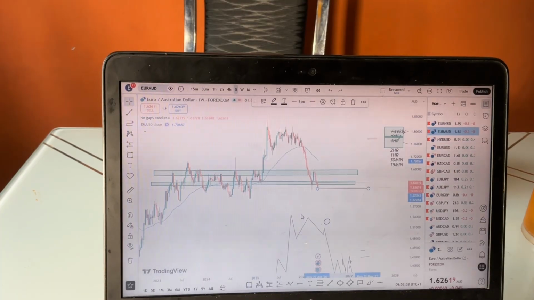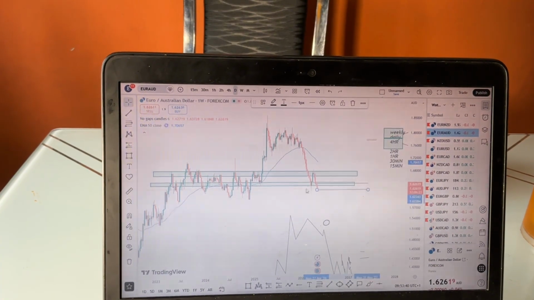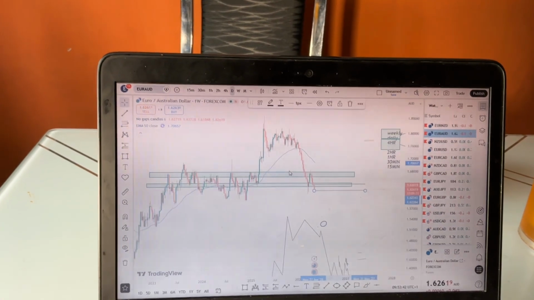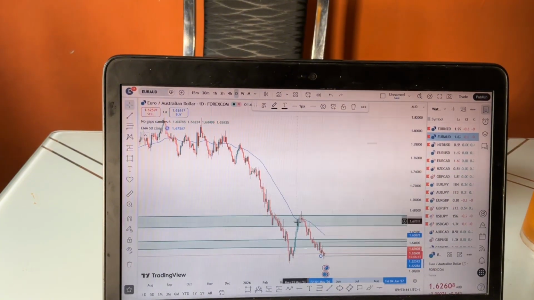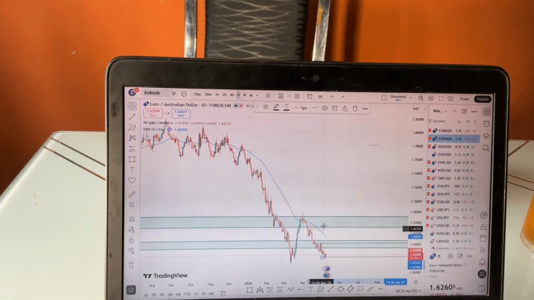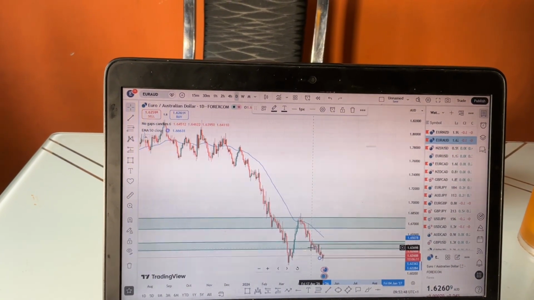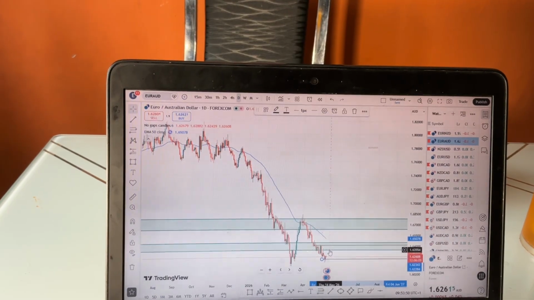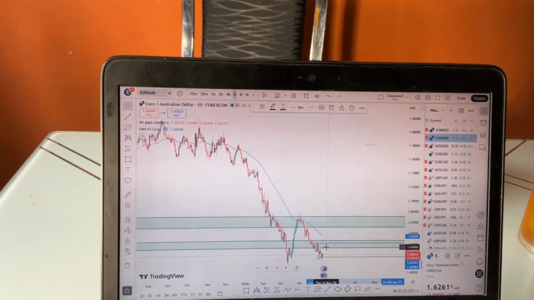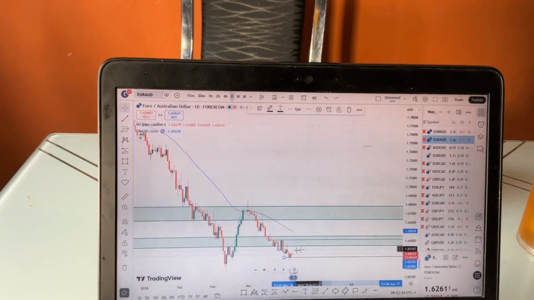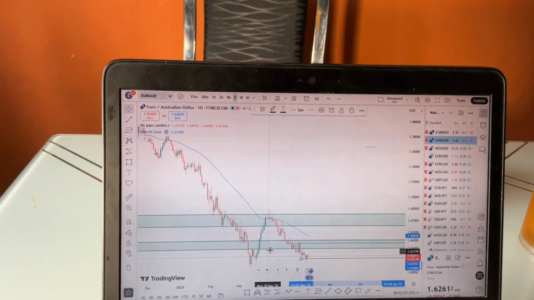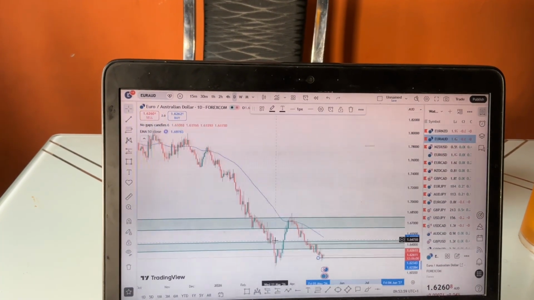So we are going to be looking at this second area of interest. Take note, we are no longer looking at that area of interest, we are looking at this area of interest, where the market can pull back to here and the market will still be bearish. So let's see if this weekly area of interest aligns with the daily area of interest.